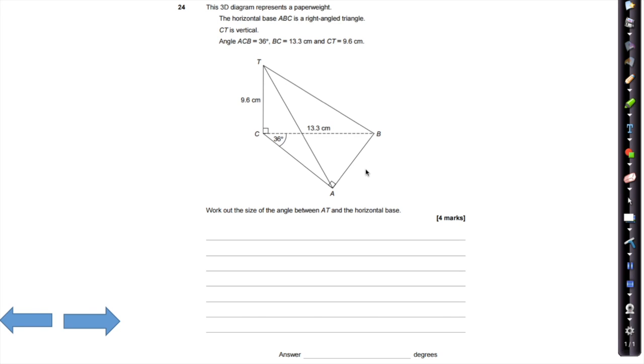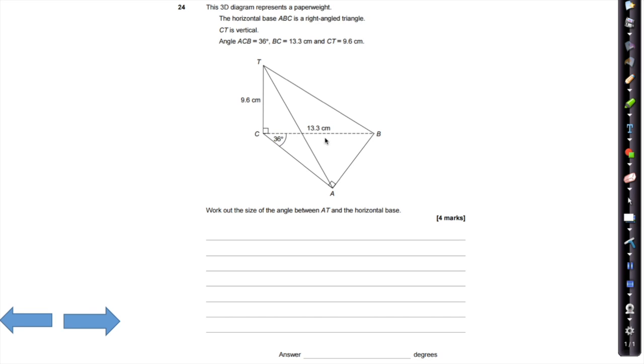Question 24 is a tetrahedron problem where we've got a 3D diagram representing a paperweight. The horizontal base ABC is a right angle triangle. C to T is vertical. Angle ACB is 36 degrees.